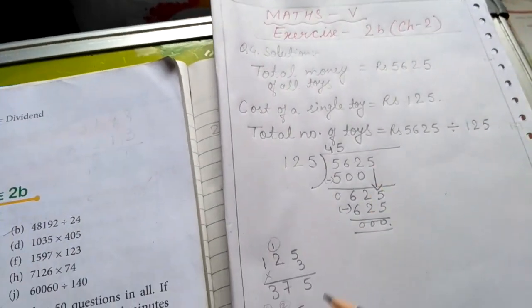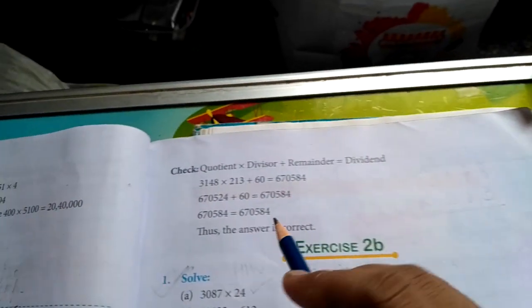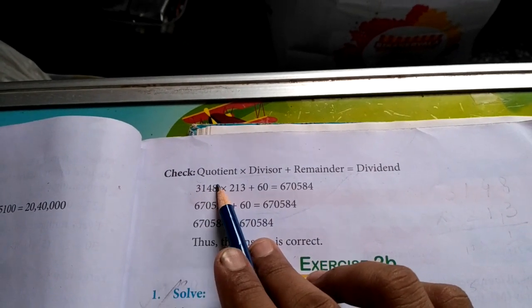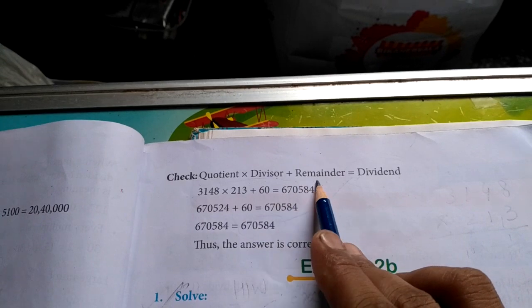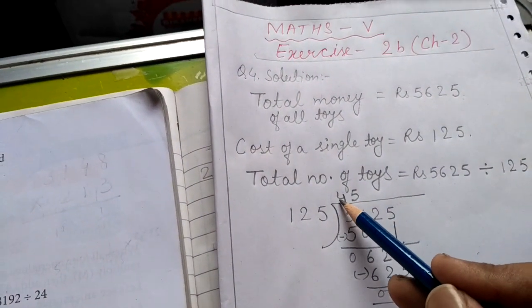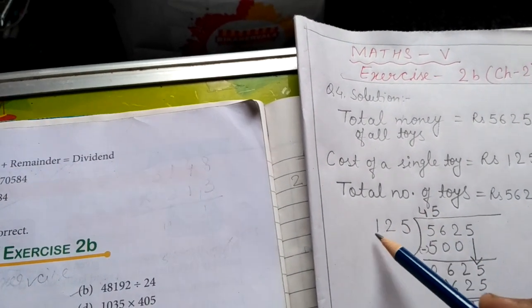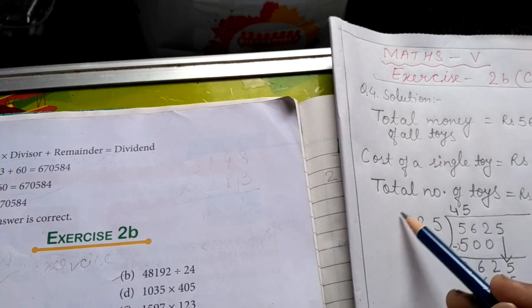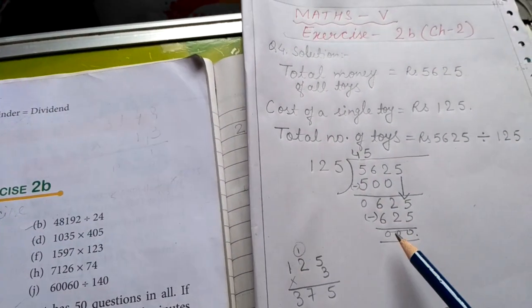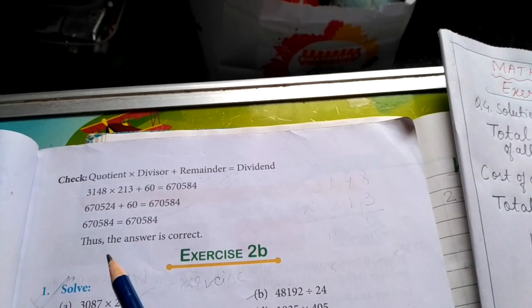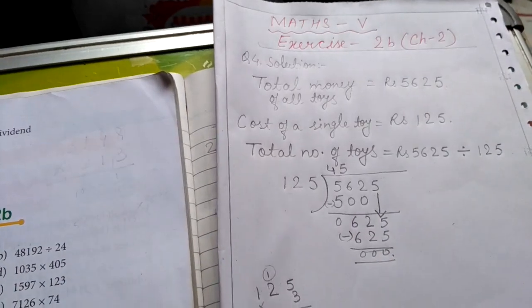Okay, and one formula you remember which we have seen here, that how we check our division questions: quotient into divisor plus remainder is equal to dividend. So here our quotient, trial quotient is 45, dividend is 5625, and our divisor is 125, and remainder is 0. So you can check by putting in this formula also whether the division is perfect or not.